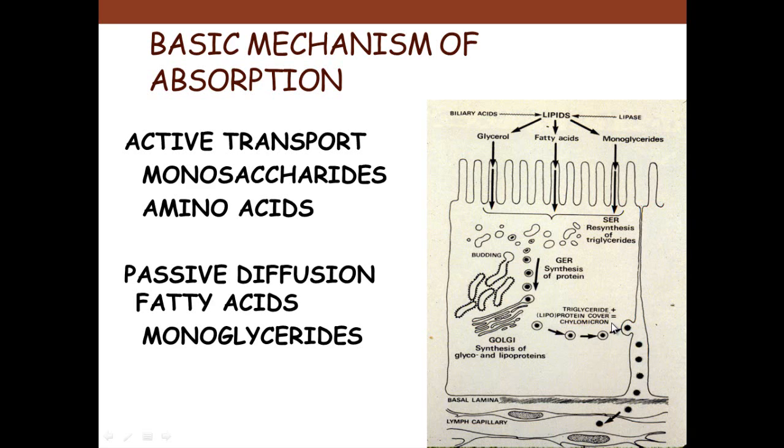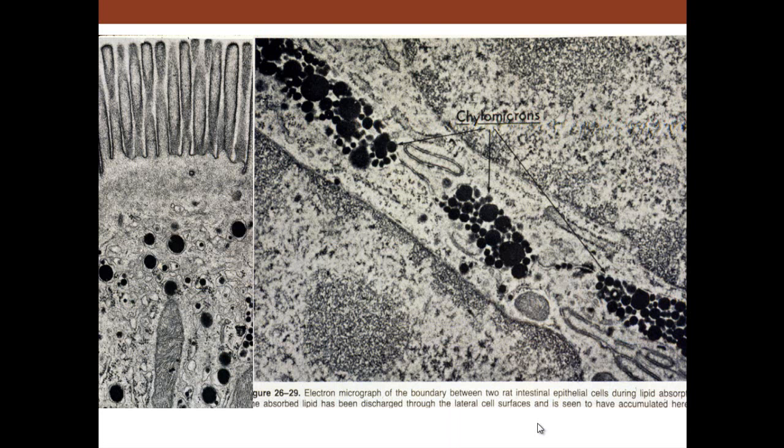So a chylomicron is a triglyceride covered with protein, and that chylomicron is discharged at the lateral border, comes through the lamina propria, through the central lacteal. This is the lymphatic, and that is in the intestinal villus.